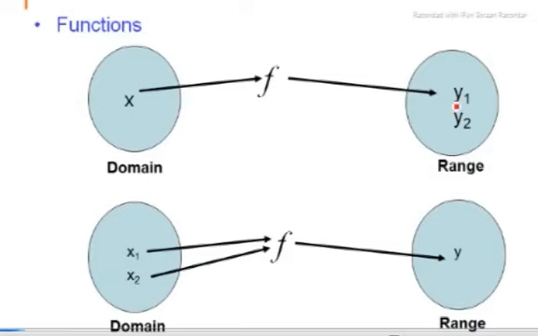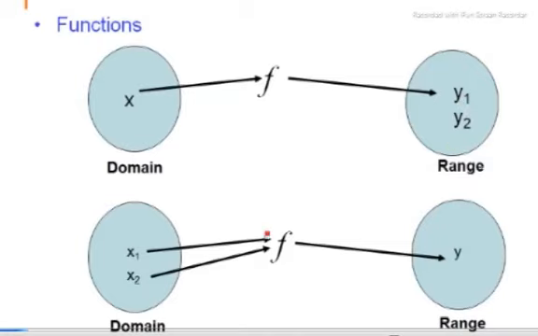Why? Because each element in the set A, the domain, is assigned exactly one element in the codomain, which is y1, but y2 is not assigned to any other element.